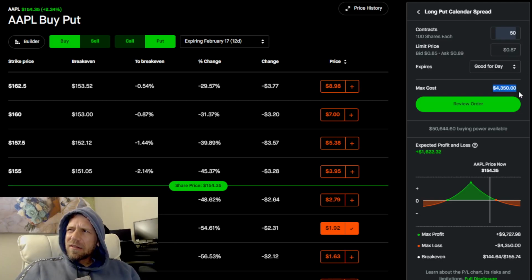Max cost only $4,350. That's all I need, okay? Which is half a car. And then if Apple gravitates to 150, I get a profit of $9,000. You see how efficient this is? All right, I get a 200% gain if Apple finishes at 150 by the end of the week. That's huge money. Okay, this is big movement.